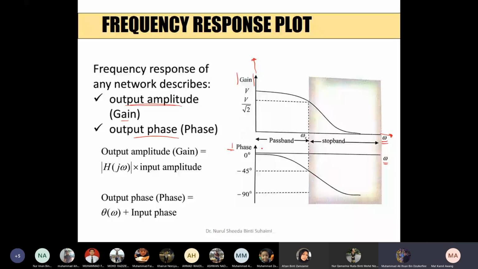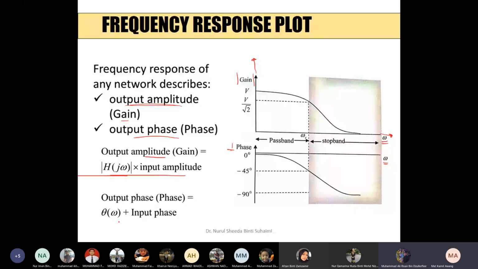So when you want to calculate the output amplitude, it is basically the amplitude of H(j omega) multiplied by the input amplitude. For the output phase, it is basically the phase of the response plus the input phase.